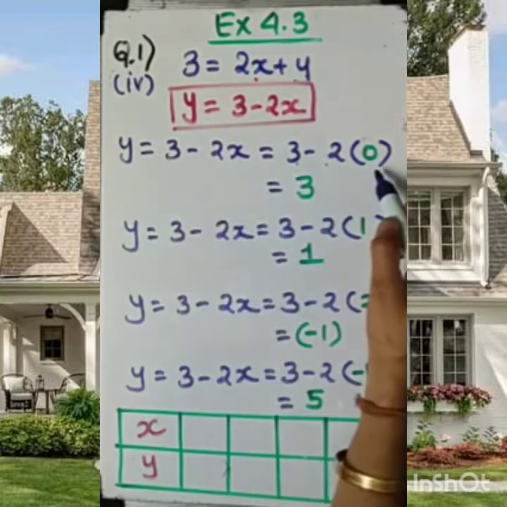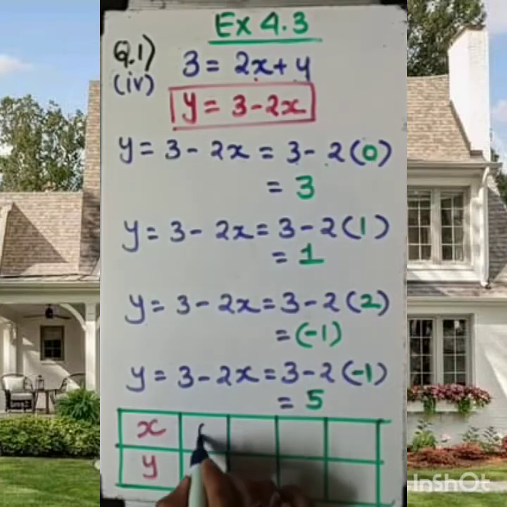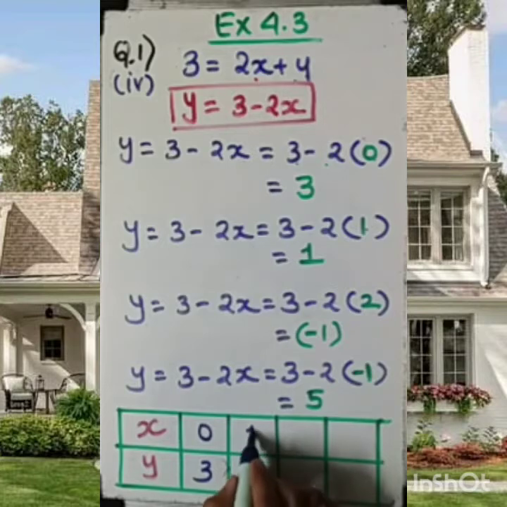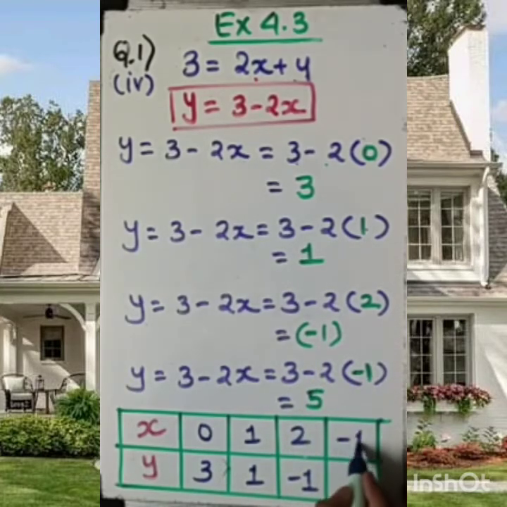I have put the value for x. This is the value for x, 0, and I got result 3. Here 1, then again I got the result 1. I choose 2, I got the result minus 1. And for the minus 1 here, I got the result 5.